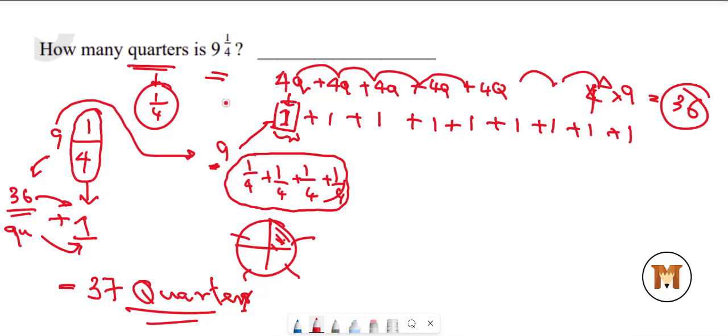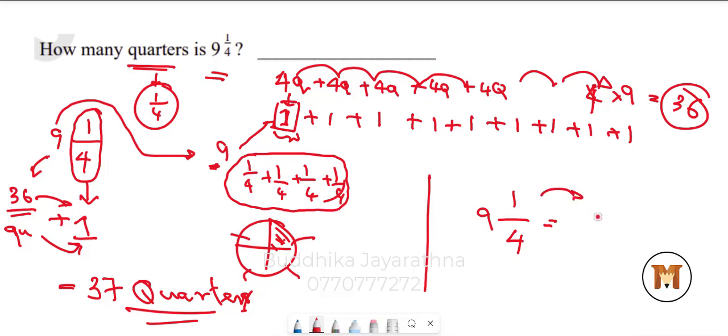So 37 quarters you need to make this particular fraction. This is how you can do it, and otherwise you can do it another way, another way to think of 9 1/4. We have done earlier, we make it an improper fraction.